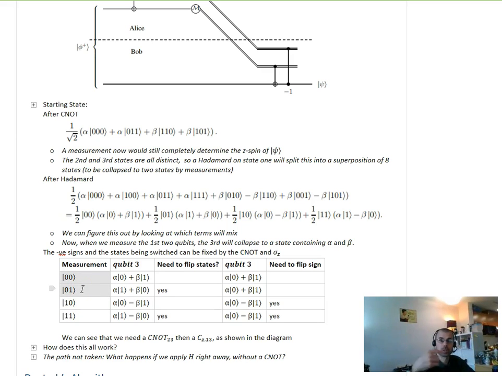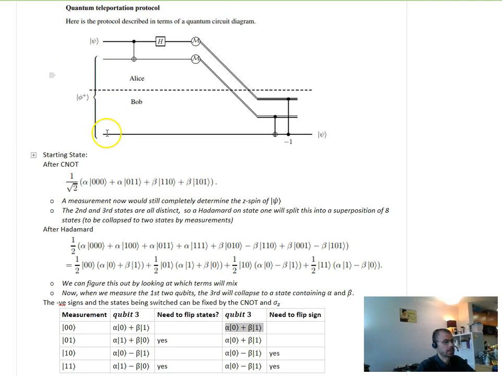So we can do a controlled Z sign flip, which is one of the possible gates. And so we apply that, that'll flip both of these, and then all of the states will be like this, which is just the original psi state. And there you have it. That's the algorithm.